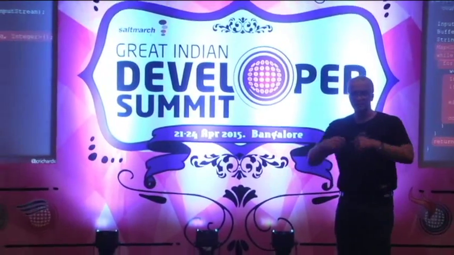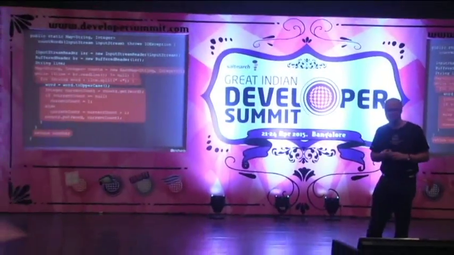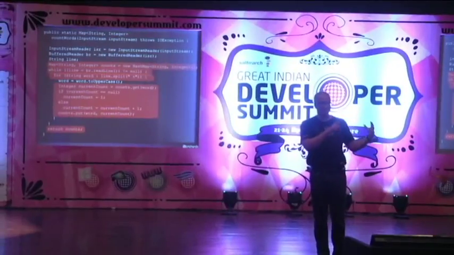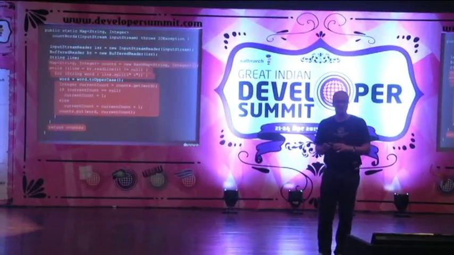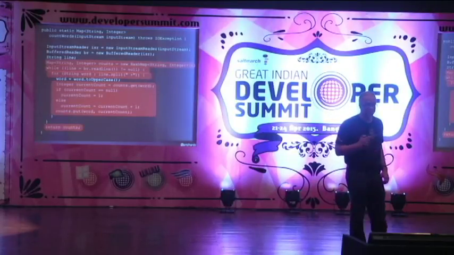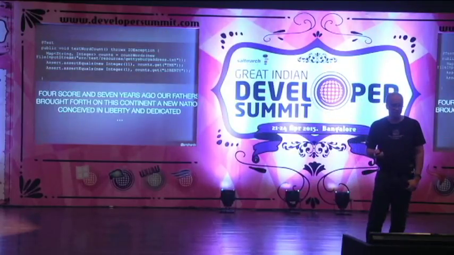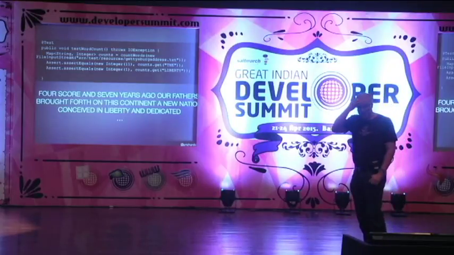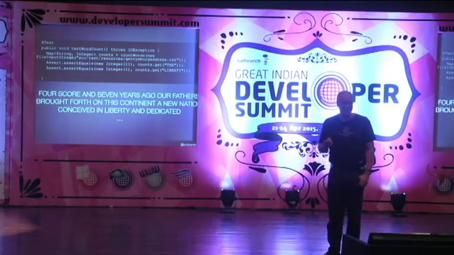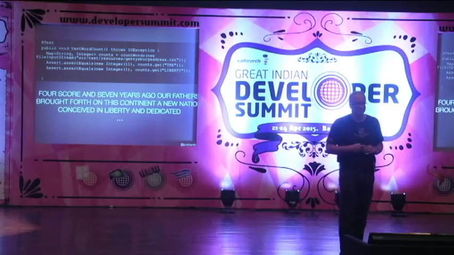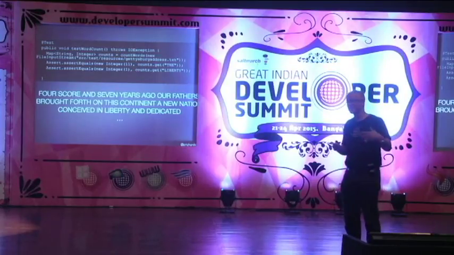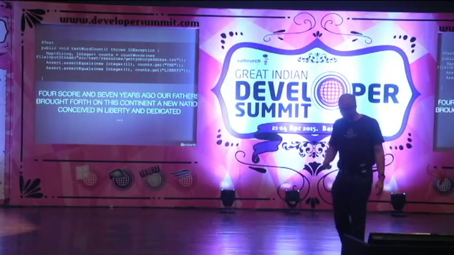Then I increment the corresponding entry in the hash map, creating it if necessary. So that's the standard Java way of implementing something like word count, typical iterative code. If you were to run it on a piece of text, like in this case the Gettysburg Address, which says "four score and seven years ago," you'd see that the word "the" appeared 11 times, "liberty" appeared once, and so on.